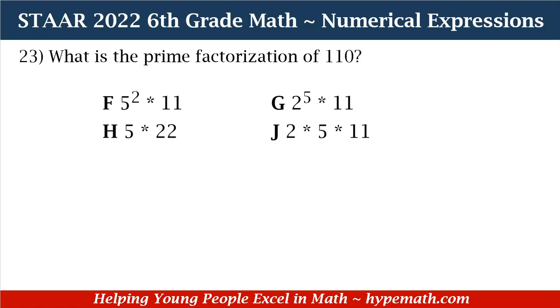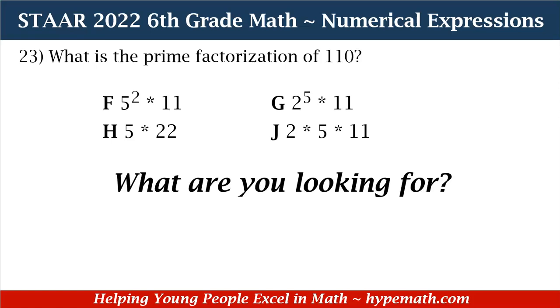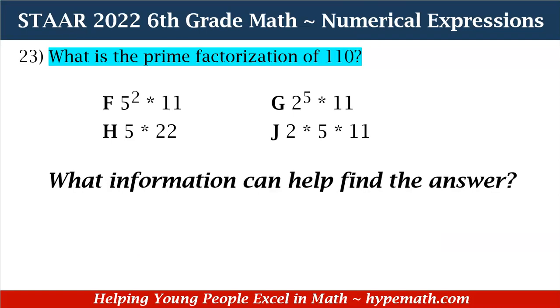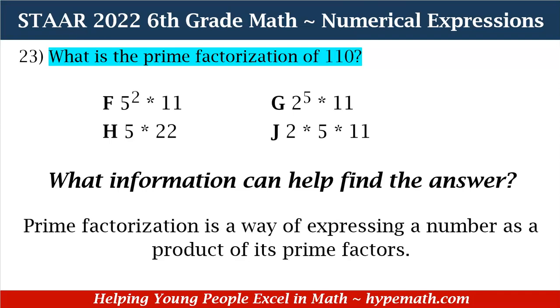In order to solve this problem, the first thing I need to do is ask myself, what am I looking for? And we are looking for the prime factorization of 110. Now that I know that, my next question is, well, what information can help find the answer? And again, it's understanding that with prime factorization, I am finding all of the prime factors of that number.